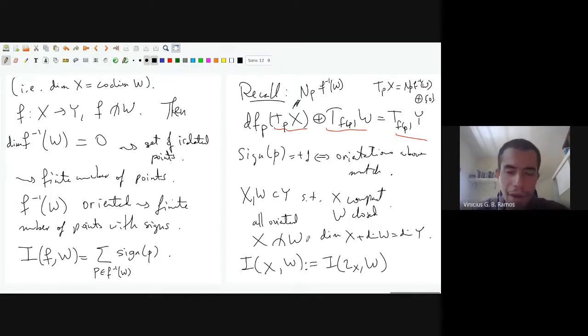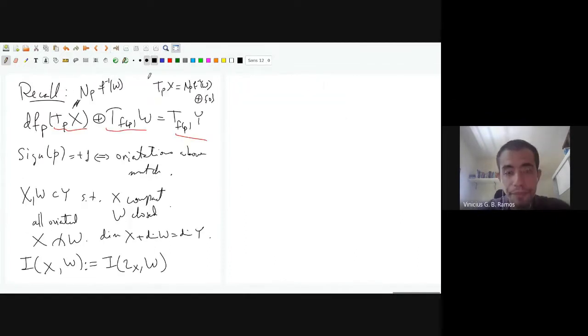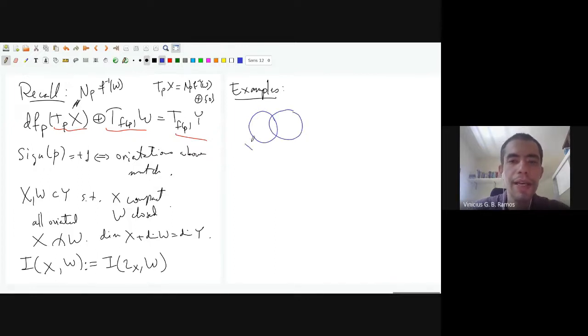Okay, and now we can look at examples of this, because I think now we're going to see this more clearly. So let's look at examples. Say that I have here X and here W, and my Y is R2.